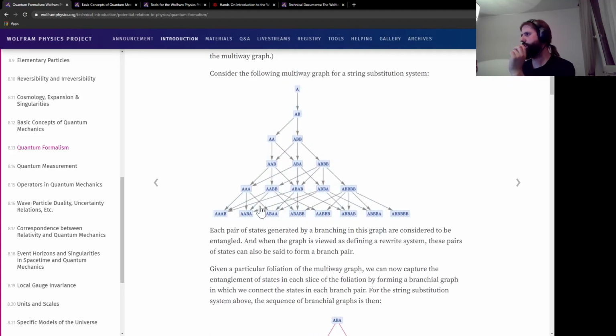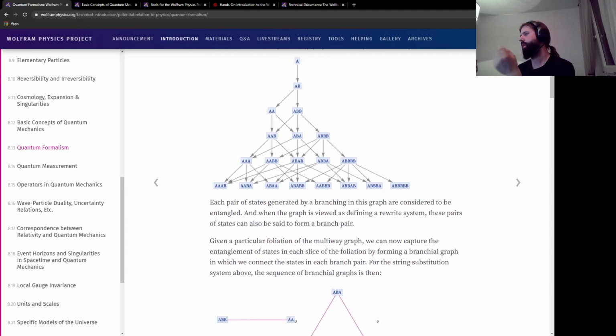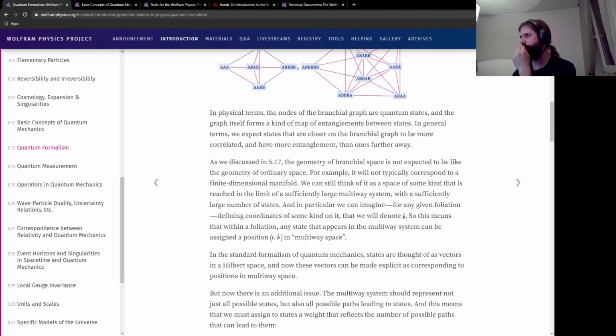But okay, let's say each foliation represents each node a pure quantum state, right? But again, then states are not just entangled, that's confusing.